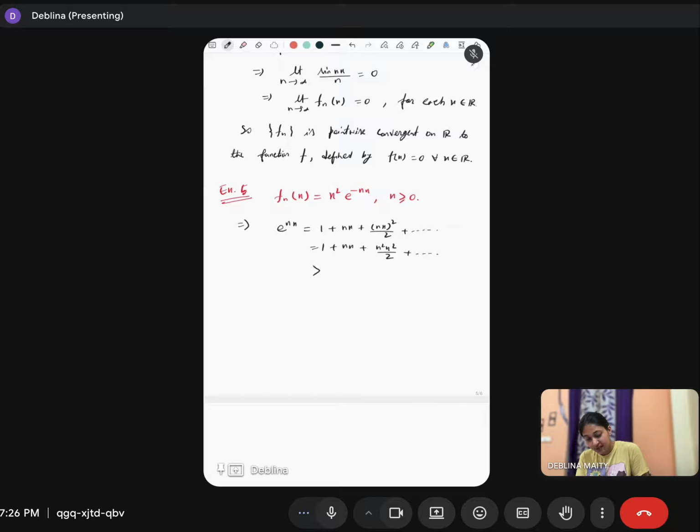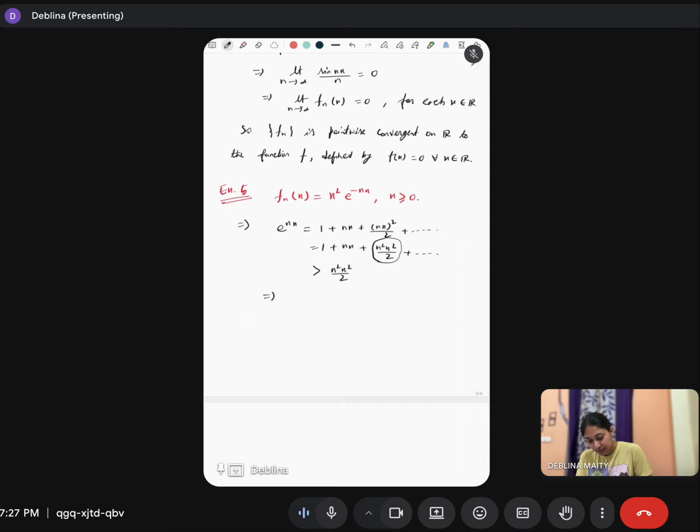So this is clearly strictly greater than the term n squared x squared by 2. So this is clearly greater than n squared x squared by 2.